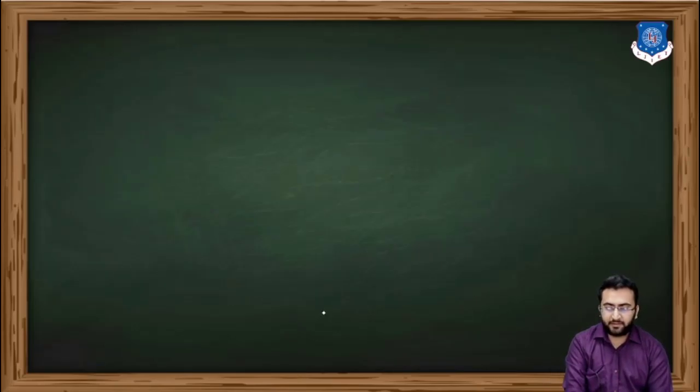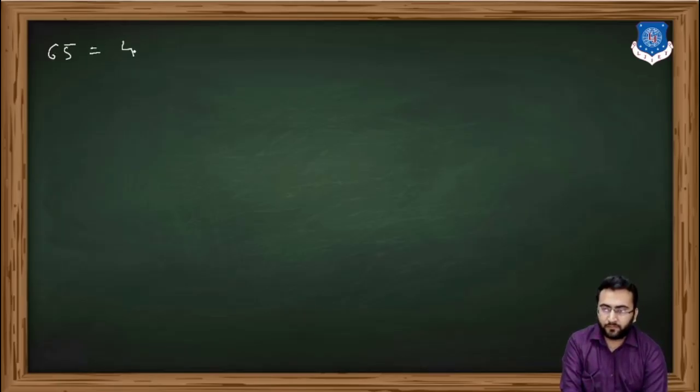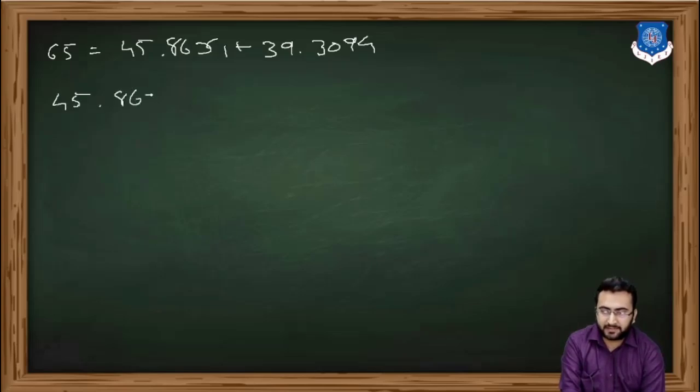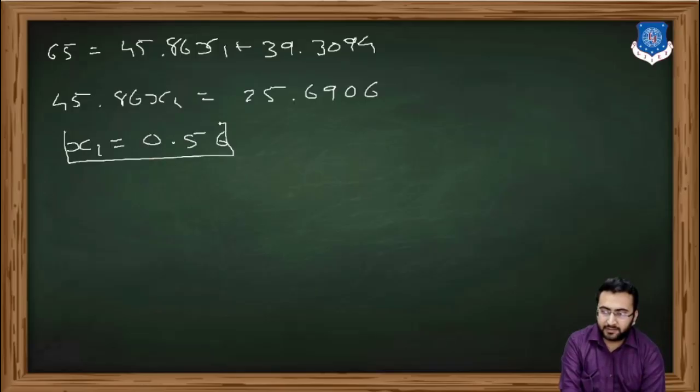Rearranging this equation, we get 65 is equal to 45.86 x1 plus 39.3094. Rearranging again, 45.86 x1 is equal to 25.6906. By calculating again, we get the value of x1, which becomes 0.56. So this is our answer for this case 1.